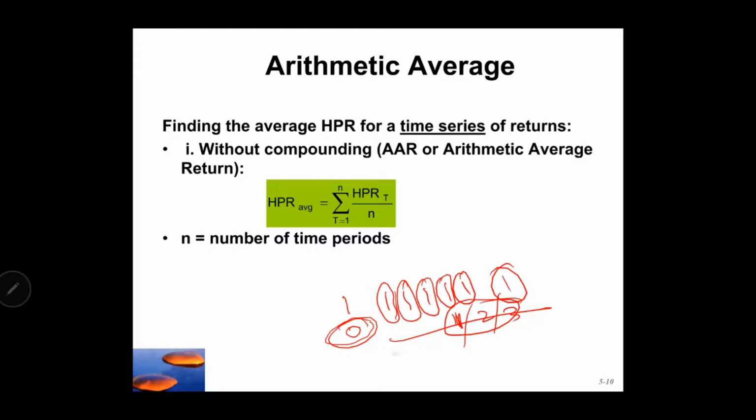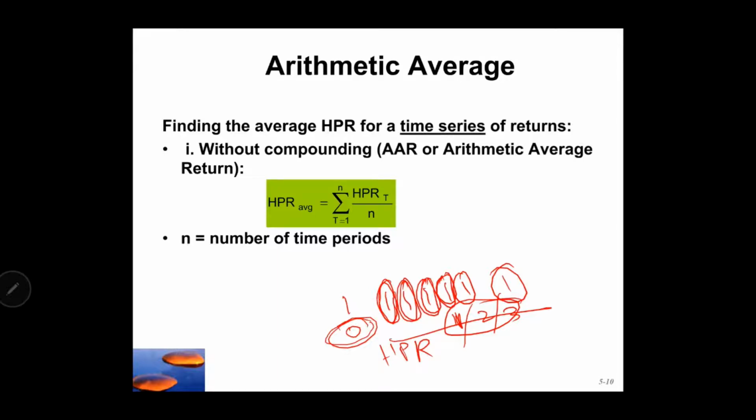In a multi-period, you assume each period as a single period, compute the HPR for each of these individual periods, add all this and divide by the total number of time periods. So that becomes my simple arithmetic average using the holding period return.